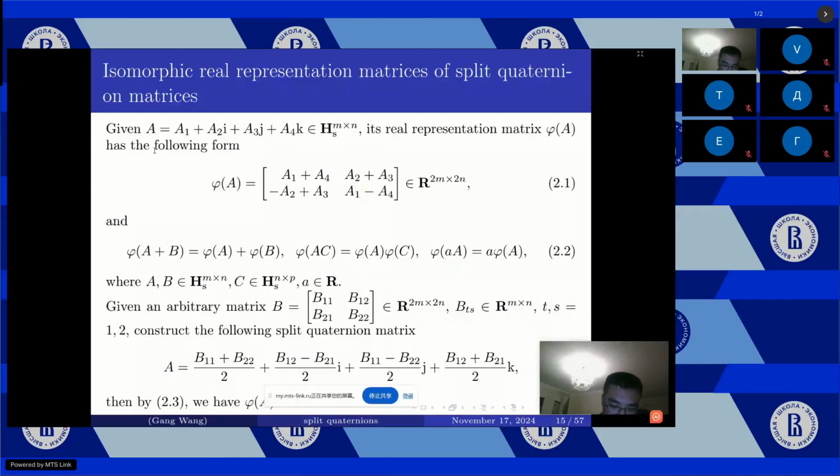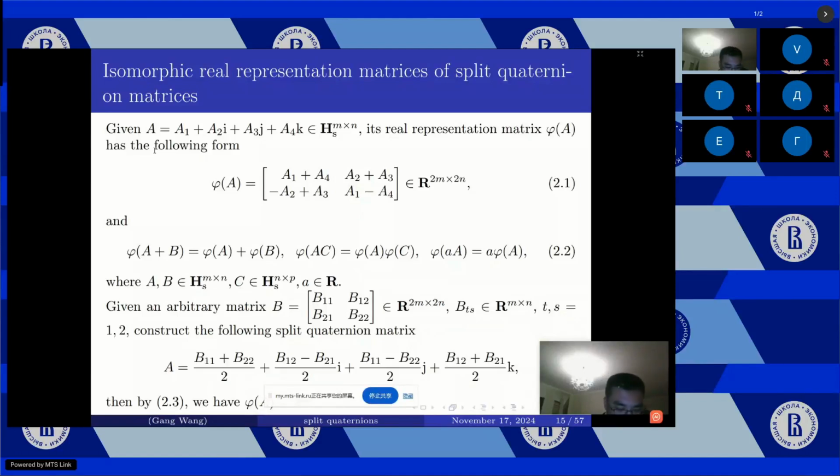Given any split-quaternion matrix, a unique real matrix corresponds to it, known as the isomorphic real representation matrix of the split-quaternion matrix, which satisfies equation 2.1. Conversely, for any given real matrix, there is a unique corresponding split-quaternion matrix.